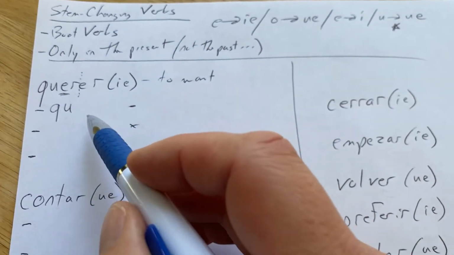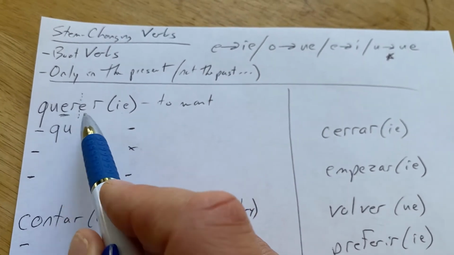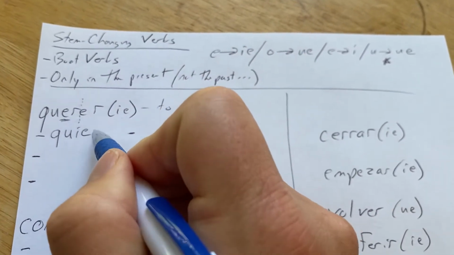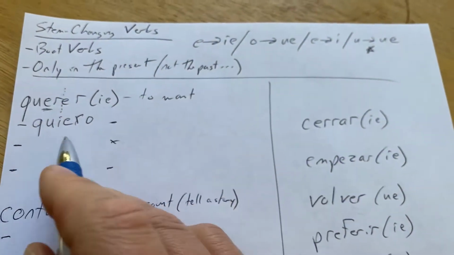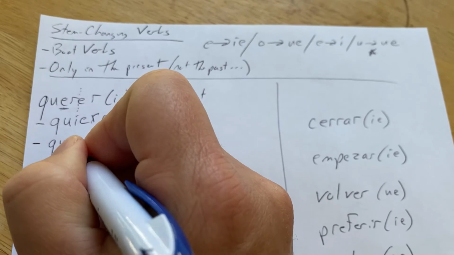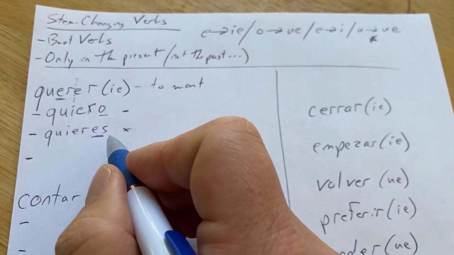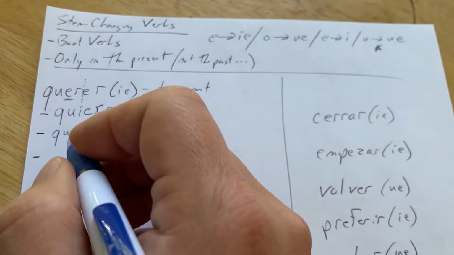But this time, this is a special family of verbs, it's stem changing, and they want you to change that E to an IE. So take a look. I keep that R, and I still do the chopping. Quiero means I want. And I do the same thing here. Quieres. Again, same ending in the present tense, nothing weird or new, but that E changes to IE.